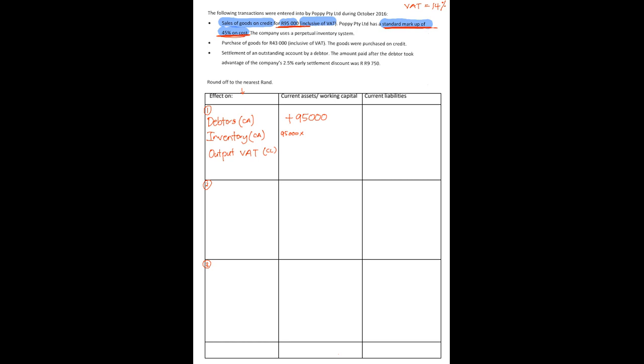So now to remove the markup, it is multiplied by 100 over 100 plus the markup. So 100 plus the markup of 45 gives you 145. So that'll be over 145. And this is now taking out the markup.